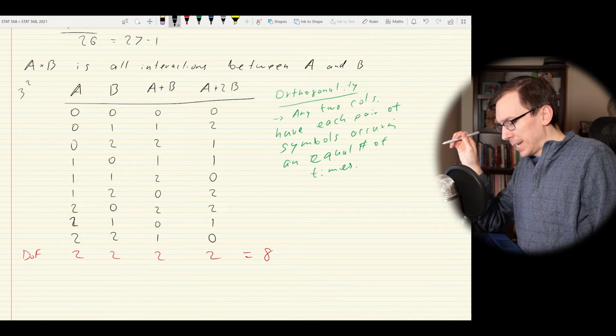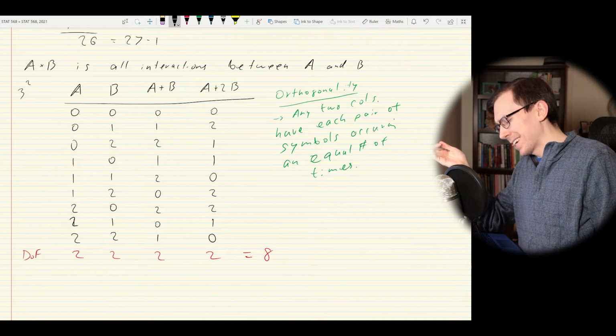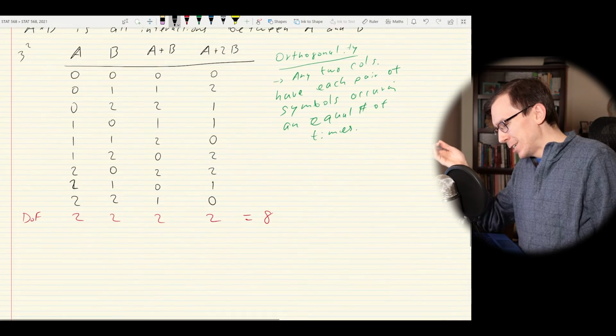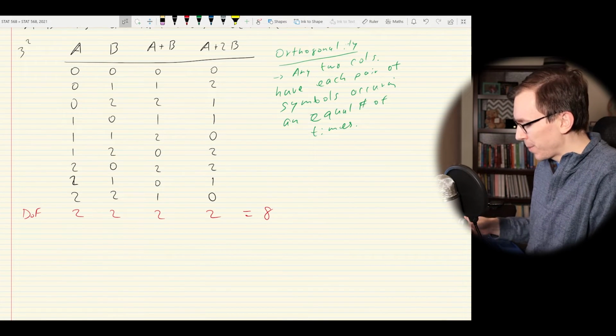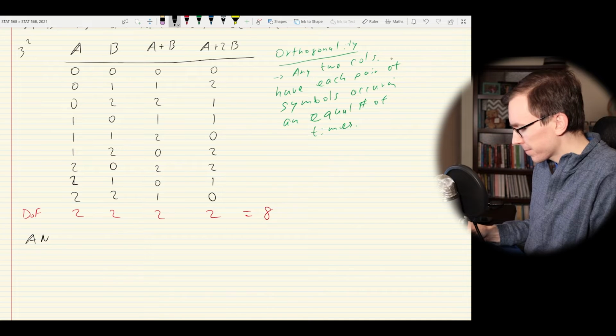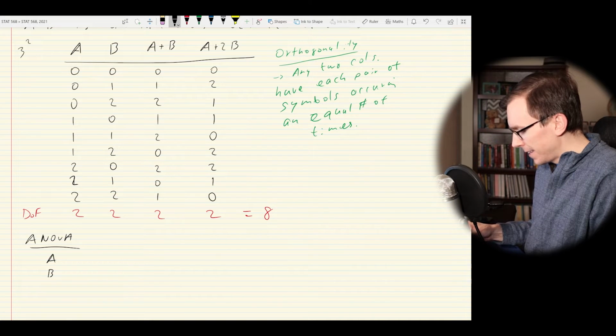So this is where things become a little bit stranger, because it's like, okay, how do we deal with this? Well, we can actually rewrite our ANOVA table as A, B, and then there's 2 ways to write A, these terms.